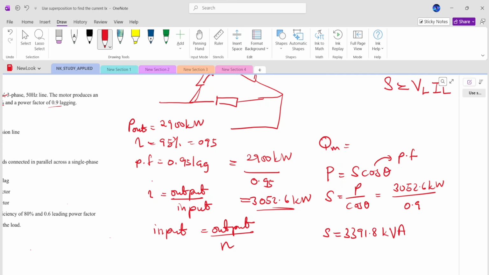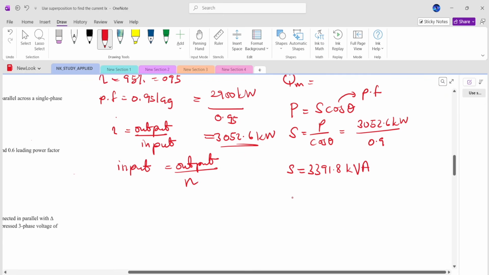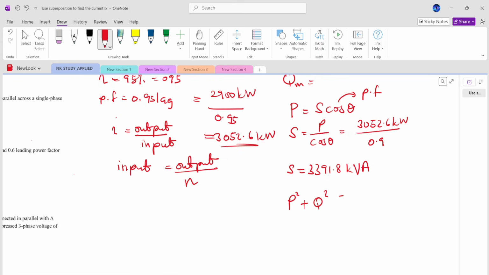Now that we have found P and S, we know the relation: P squared plus Q squared is equal to S squared. So we can find Q to be the root of S squared minus P squared. That's going to give us Q.